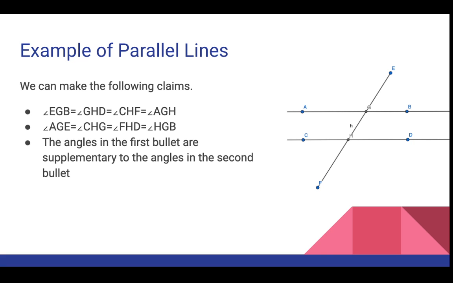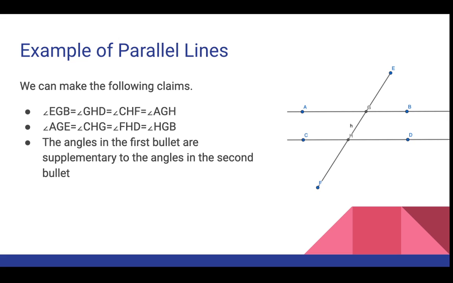Let's go to an example. We have this diagram to the right, and based on our last slide, we can make some claims. My first claim is that EGB is congruent to angle GHD simply because those two angles are corresponding angles, which is then equal to angle CHF.